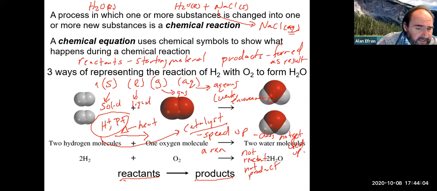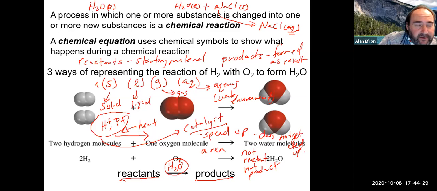It may just be allowing things to come together in a more efficient manner, but it really is not part of the overall reaction that is taking place. Sometimes we'll also see, for example, water written on top of the arrow. And usually that's for a process where we are dissolving something in water. So that's another thing that's sometimes written up on top of the arrow.